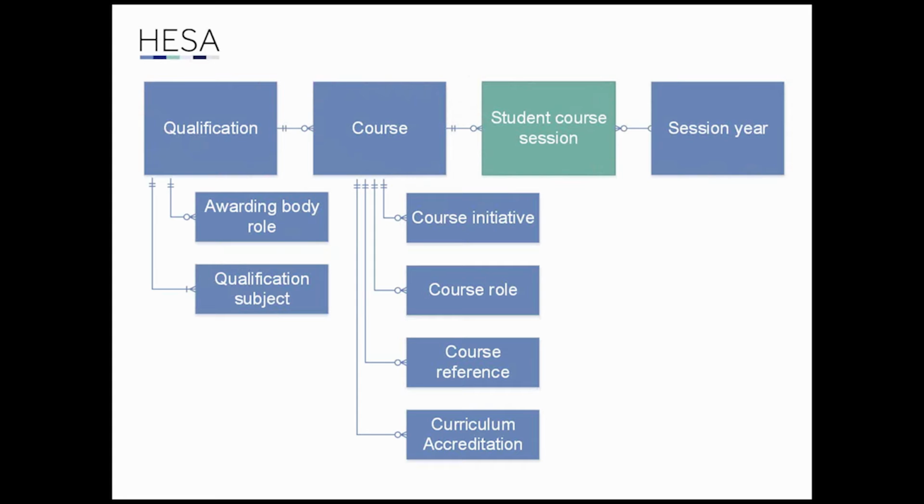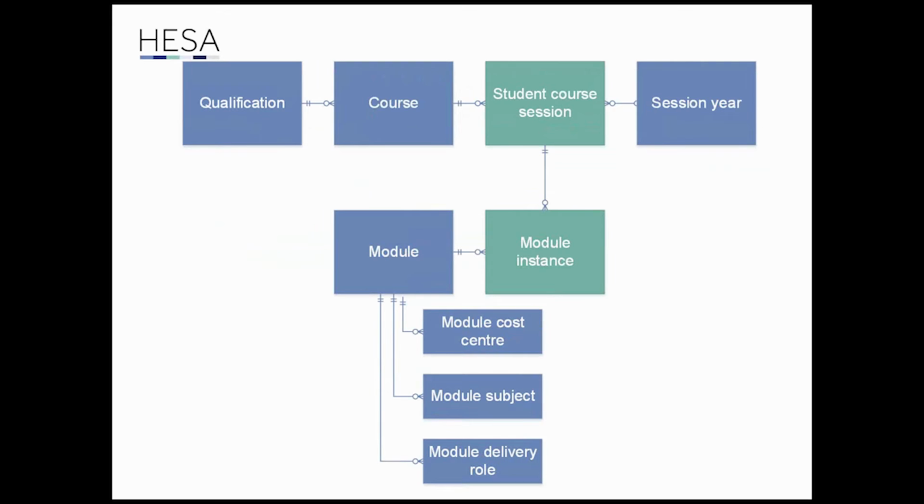The final part of curriculum data, if we just take out the sub-entities of course and qualification, there is module data. So we also have a module entity in the model that's separate to the course, because we know that modules can be common across multiple courses, so course and module are separate, and as part of the student course session entity that records the year of students' activity, it also records which modules they're engaging with via the module instance.